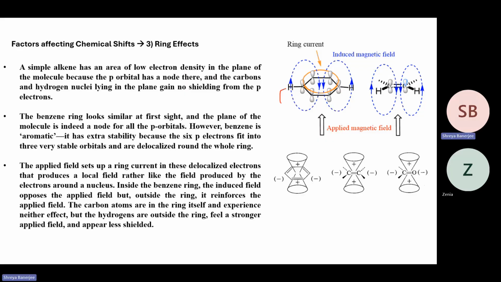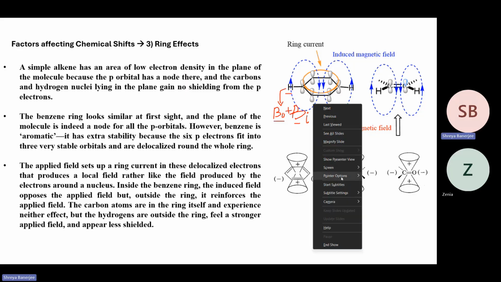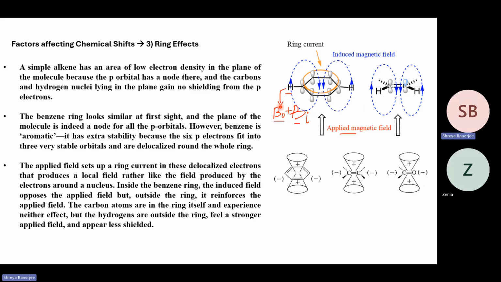So this hydrogen is experiencing the applied magnetic field B0 plus the induced magnetic field shown in blue, Bi. It is experiencing a higher magnetic field.